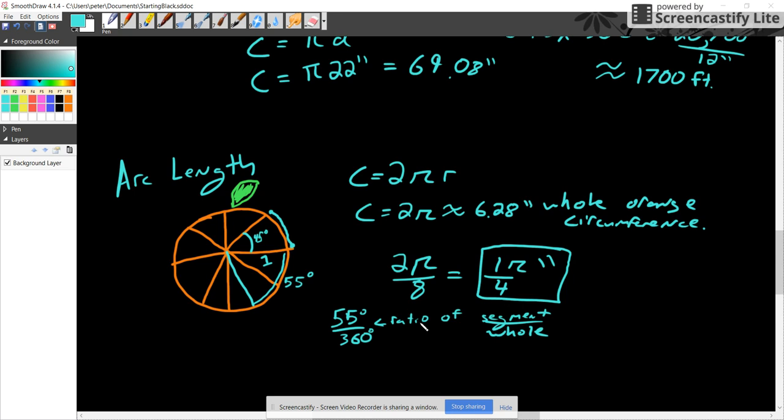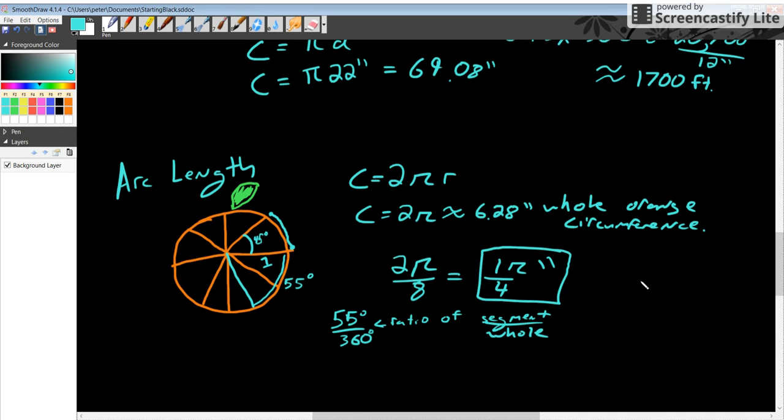So if I want to figure out the arc length for this slice, I'd go 55 over 360 times my circumference. And what is my circumference? It's 2 pi. So my arc length is going to be 110 pi over 360. I'm almost out of time. 11 over 36 pi. Have a great day.